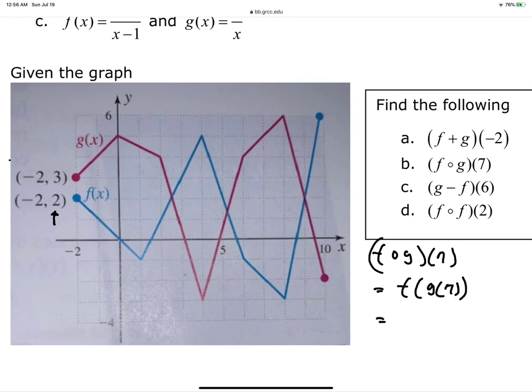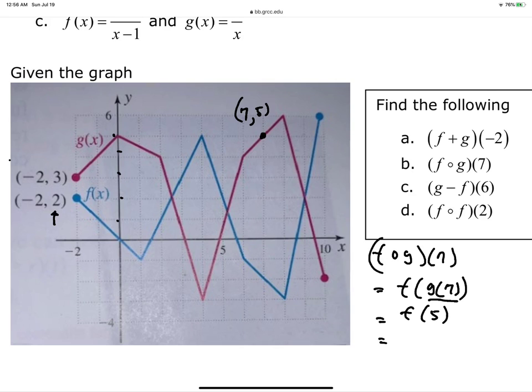First, I'm going to find g of 7. g is my red line. When x equals 7, it looks like that's 5: 1, 2, 3, 4, 5. So when x equals 7, g is 5. This becomes f of 5.